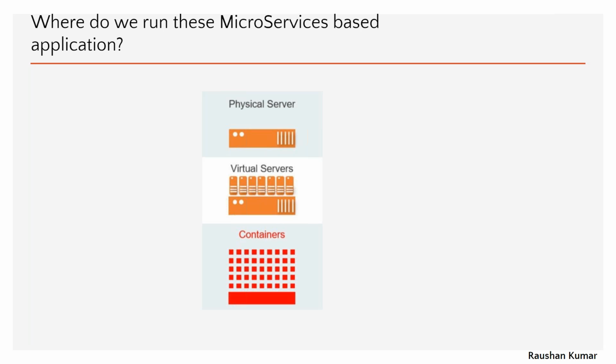That's why when virtualization came into the picture, we were able to utilize the resource in a much more efficient way. We created 10 VMs out of this physical server, and now I can deploy 10 applications.